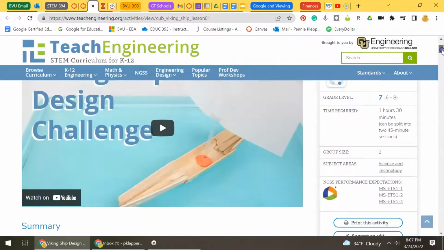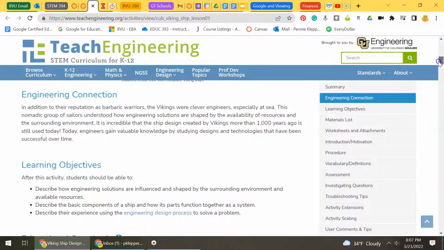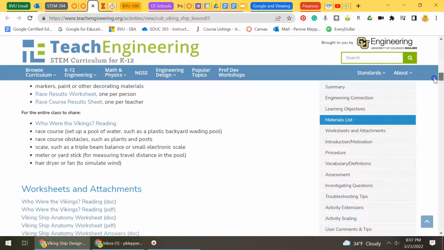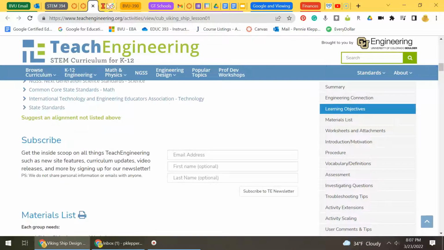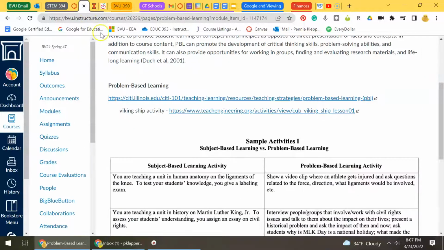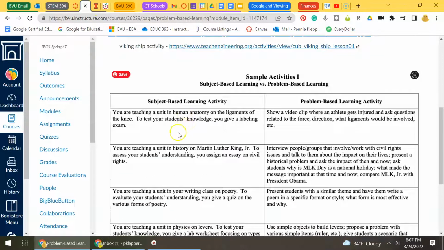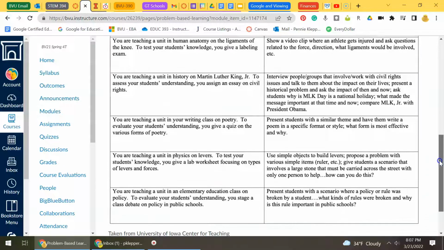There's a video on this, and then it goes through and talks about all the objectives, the standards, and the materials and all that. It does a lot of really neat things, so you want to take a look at that as well. And then here is a look at a subject-based learning activity compared to a problem-based learning activity, and I think that will help you understand the two as well.